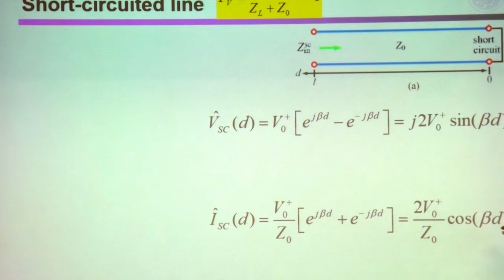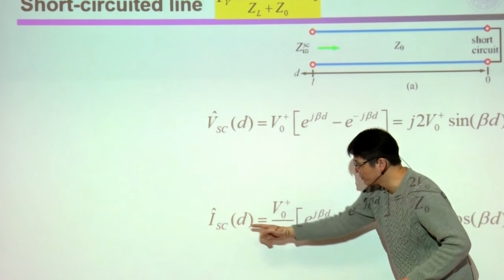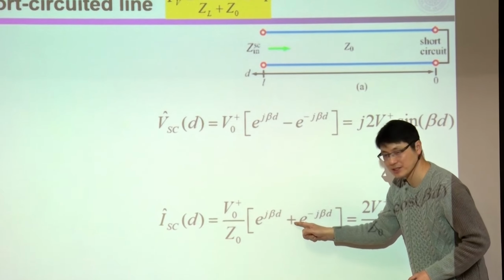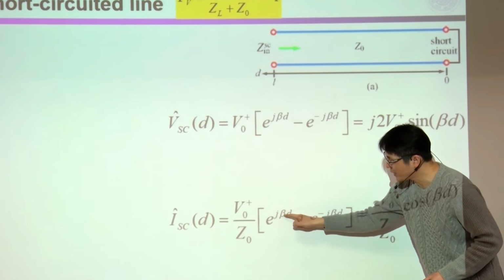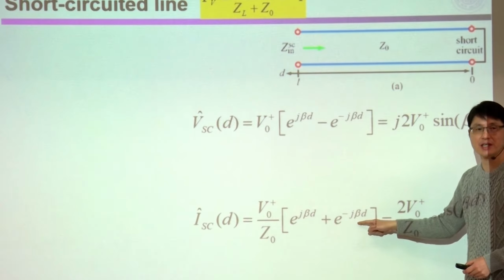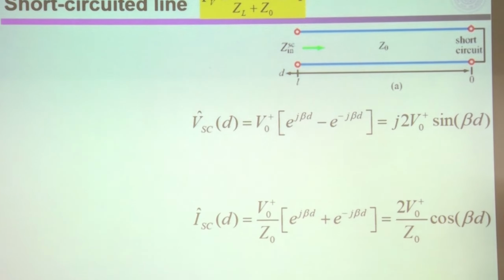But look at the expression. Because gamma V, the reflection coefficient, is now -1, the total current phasor is now having a plus. So exponential j beta d plus its complex conjugate gives a cosine term, cosine beta d. When d equals 0, cosine of 0 equals 1.